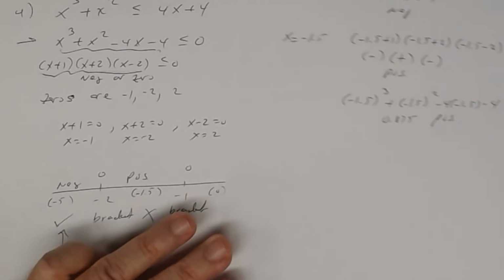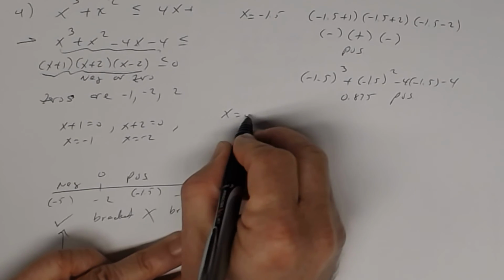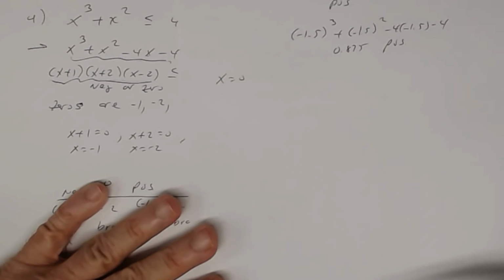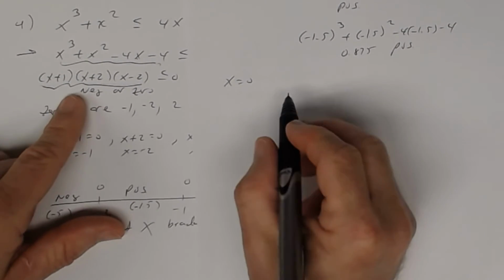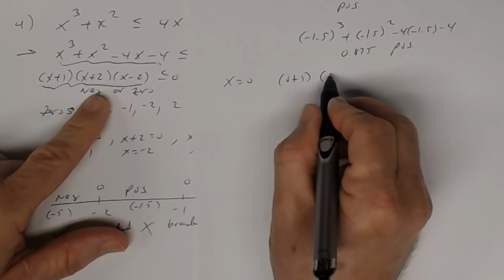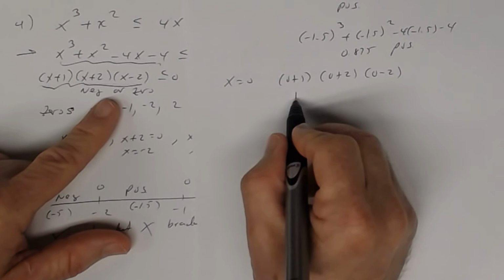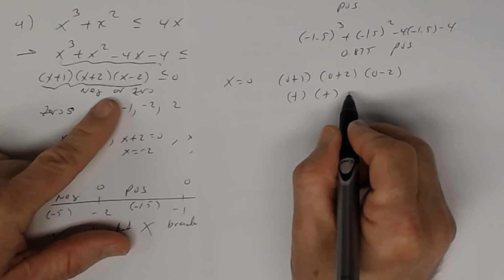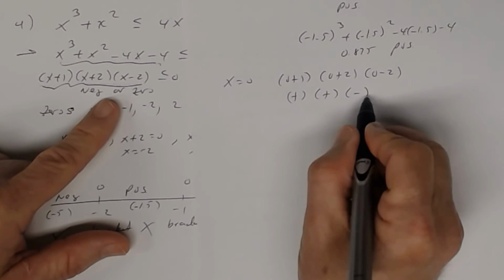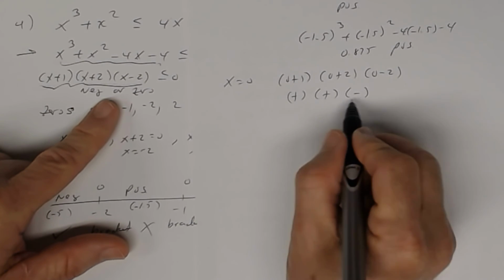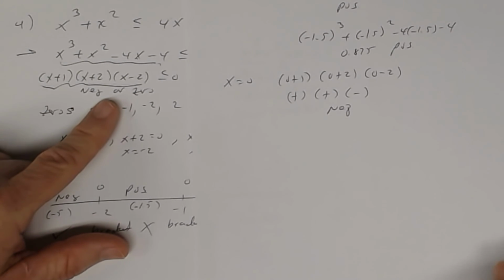The next one is 0. So the next test point is 0, x equals 0. So when x is 0, here's what we get. We get 0 plus 1, 0 plus 2, 0 minus 2. 0 plus 1 is positive, 0 plus 2 is positive, 0 minus 2 is negative. It's a -2. A positive times a negative is a negative, right?